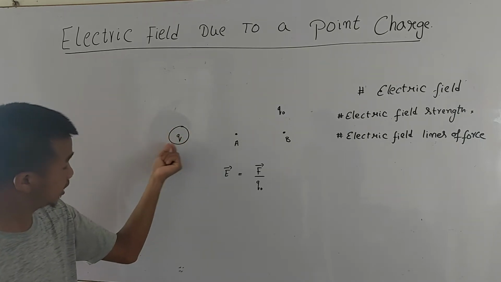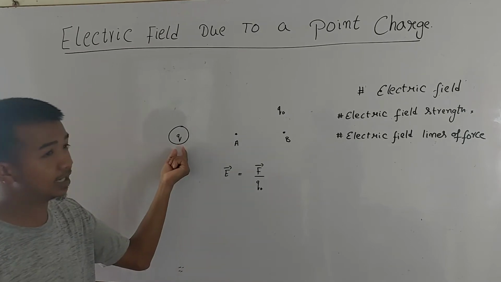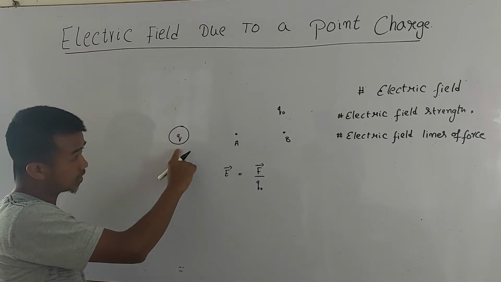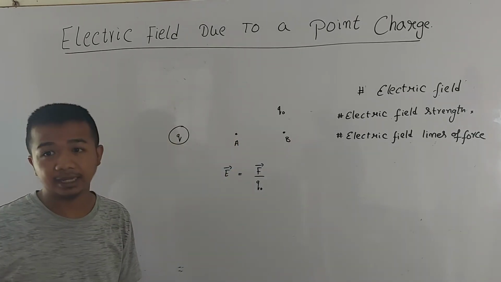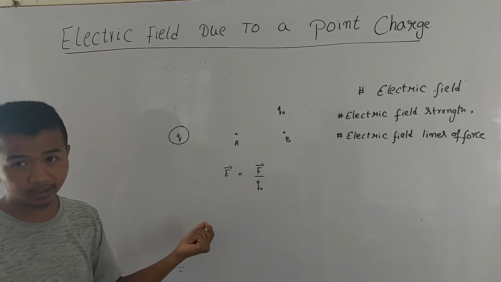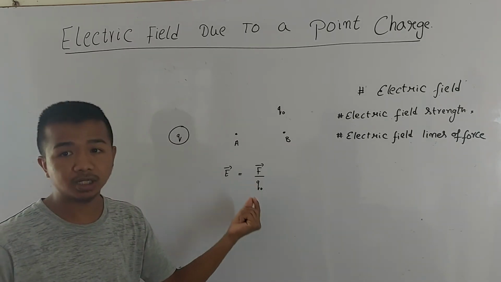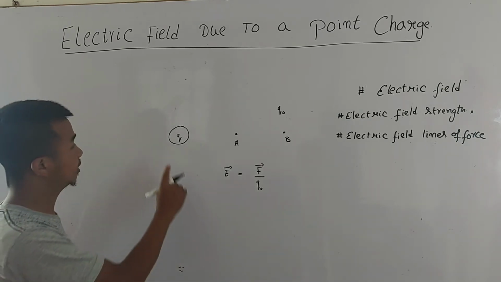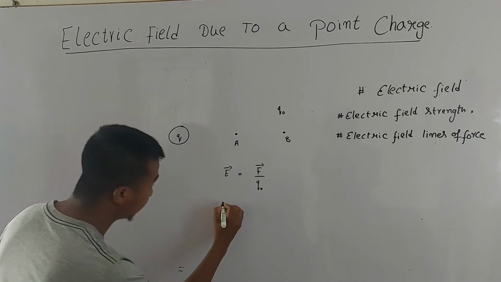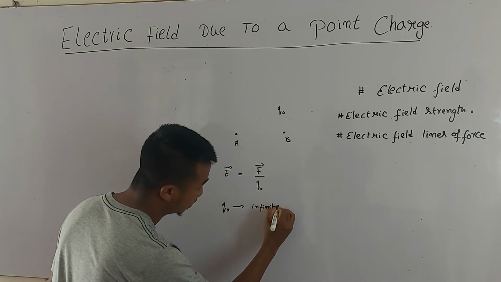If it dislocates this source charge, then it will alter the electric field strength, and we don't want that. So Q naught must be infinitely small, so that the source charge will remain stationary.